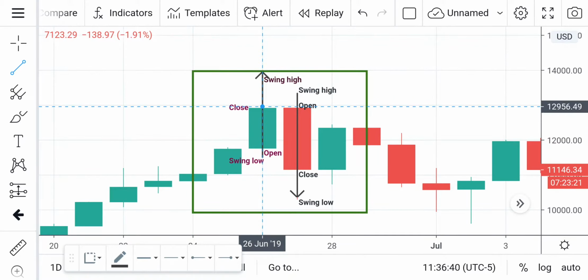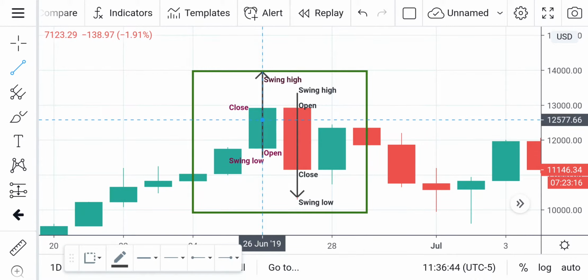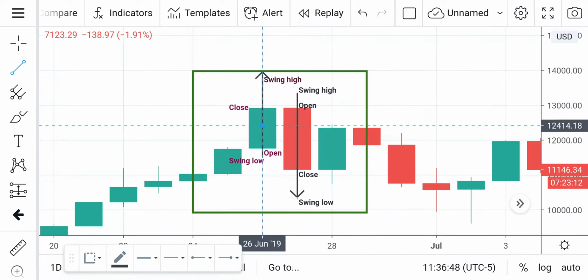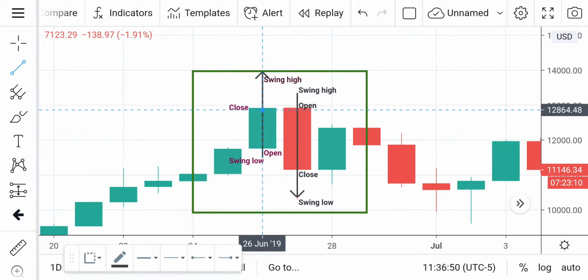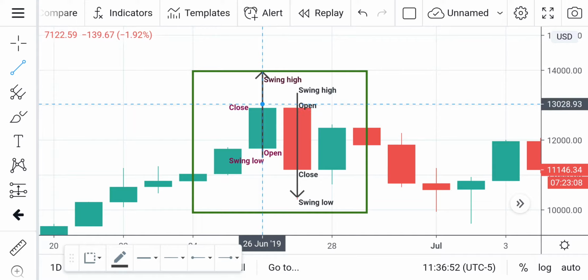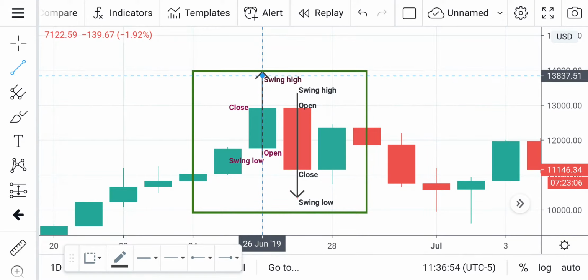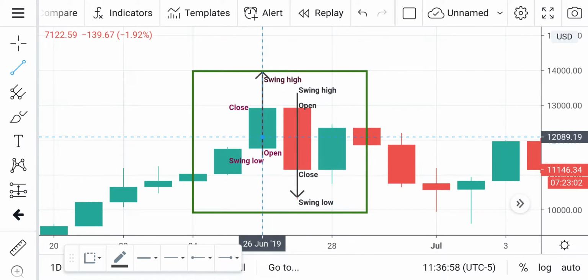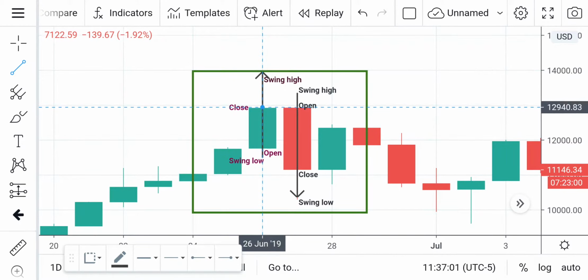So the larger the body of the candle, that's the green candle, the more significant and powerful the candle is. And the wick is showing you price rejection. For example, buyers pushed the price all the way from here to here, and sellers pushed it down to close the price.